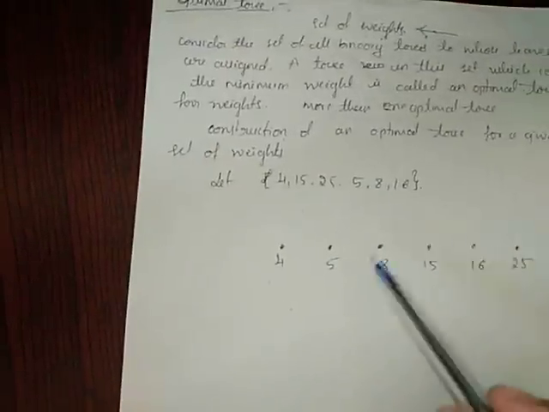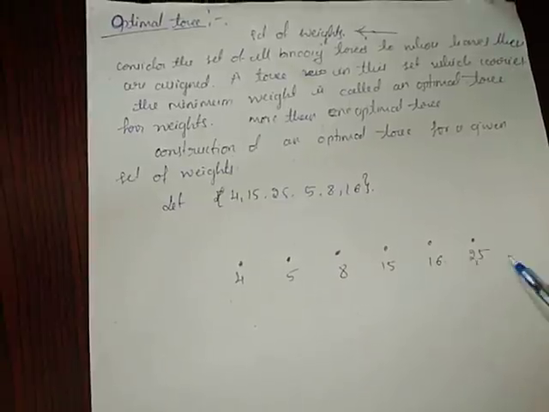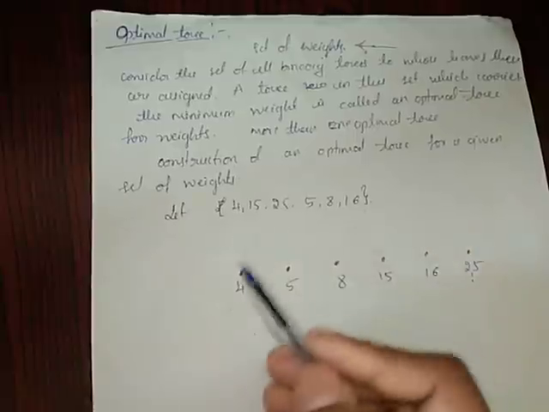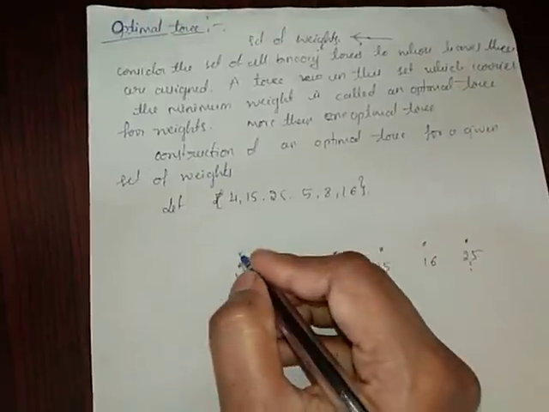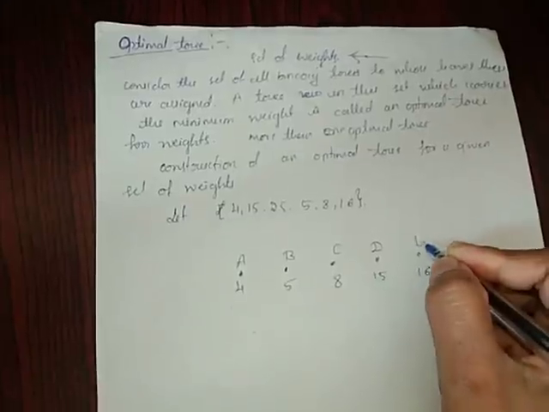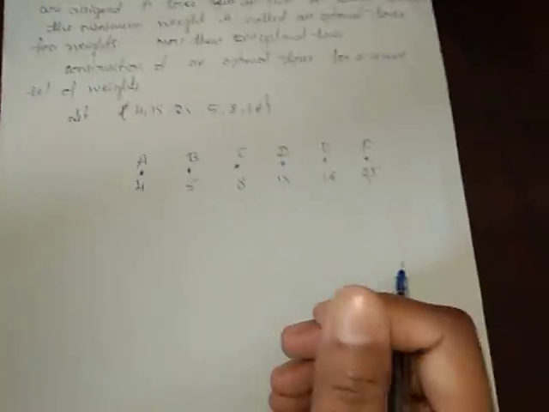After arranging them in increasing order, assign them to 6 isolated vertices and name them A, B, C, D, E, F.